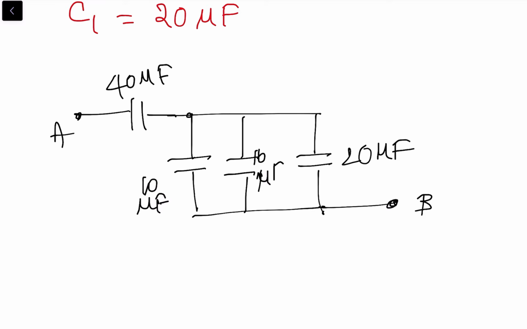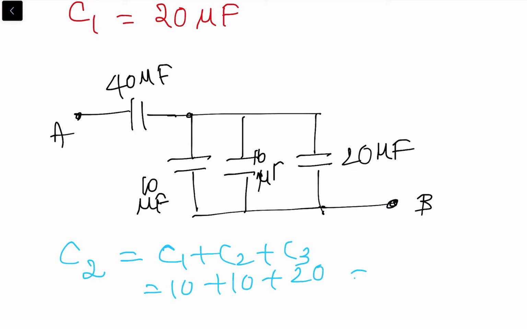So now it becomes 10 microfarads, 10 microfarads, and 20 microfarads. Now three of them will become parallel. Let us assume the resultant is something C2. Let us say C2 is equal to C1 plus C2 plus C3, that is equal to 10 plus 10 plus 20, that is 40 microfarads.